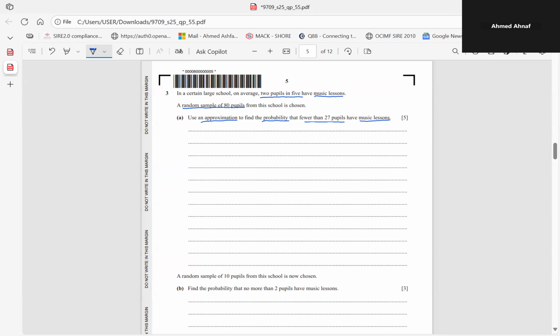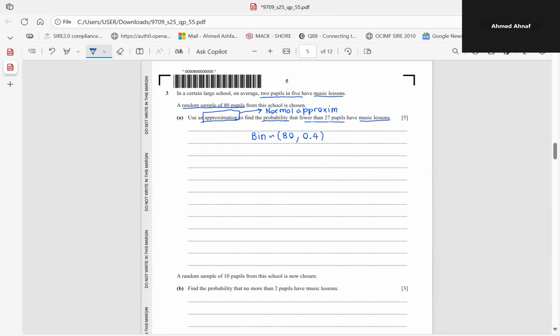So clearly this is a binomial distribution where n is 80 and the probability of success, the probability of having music lessons, is 0.4. And the approximation that they're telling us to use here is the normal approximation to the binomial.